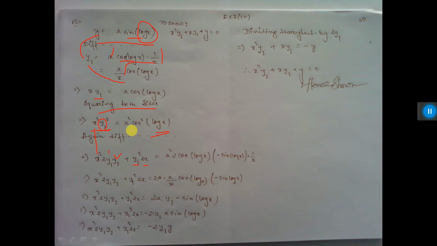Here a square is constant, cos whole square, so this to the power n formula, that is n into this to the power n minus 1. Again cos x differentiation is minus sin x, again log x differentiation is 1 by x.